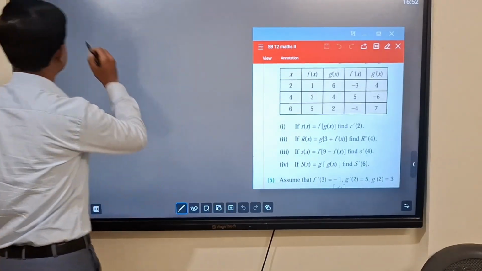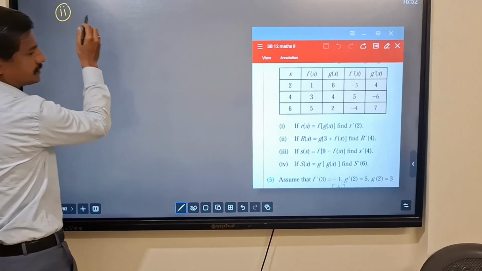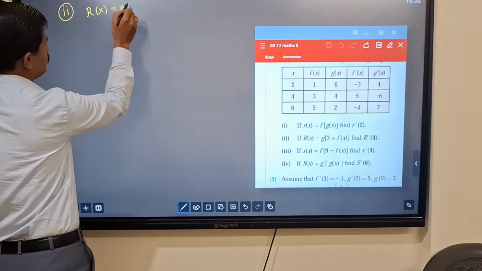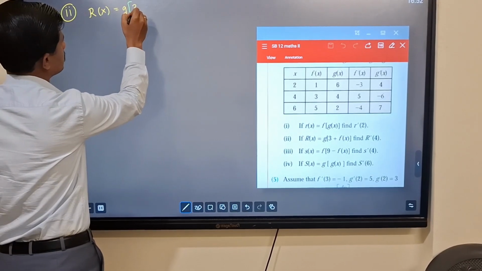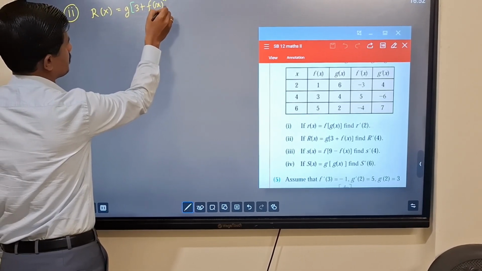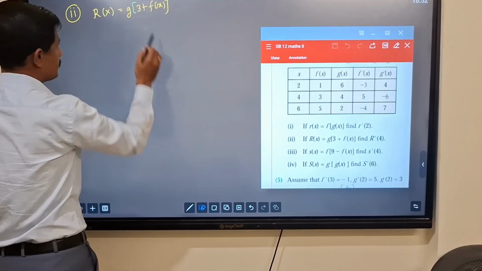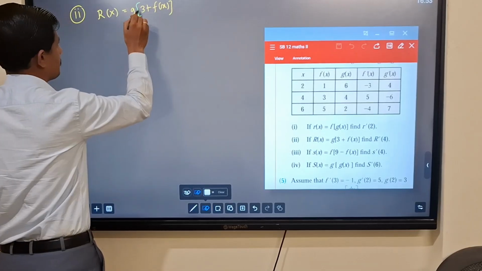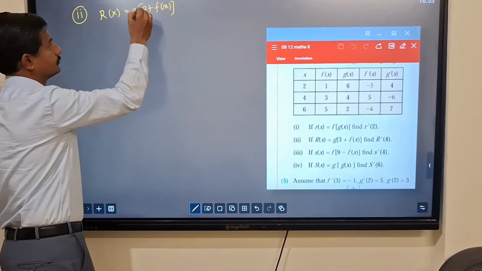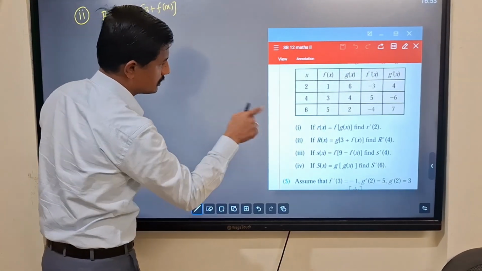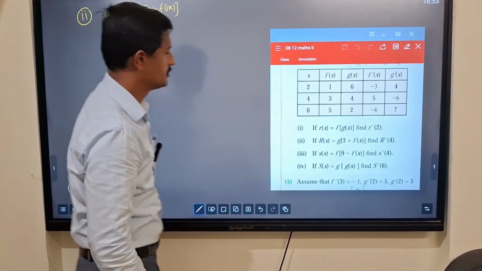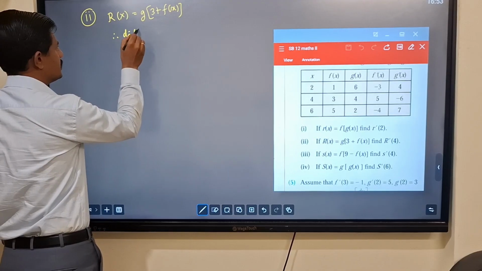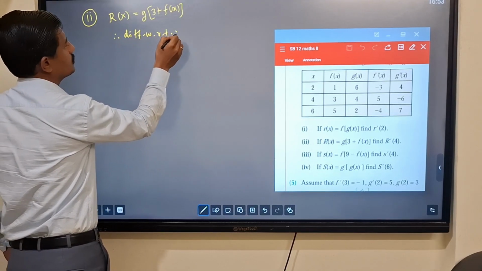Next, second one. This is r of x equal to g of 3 plus f of x. Now, we have to find out r prime of 4. Therefore, differentiate with respect to x.